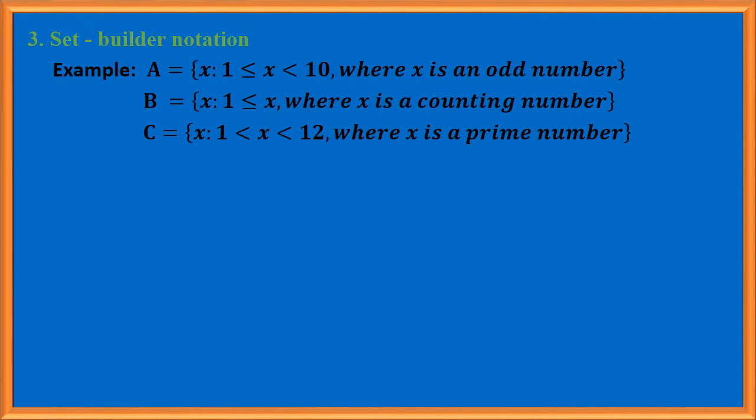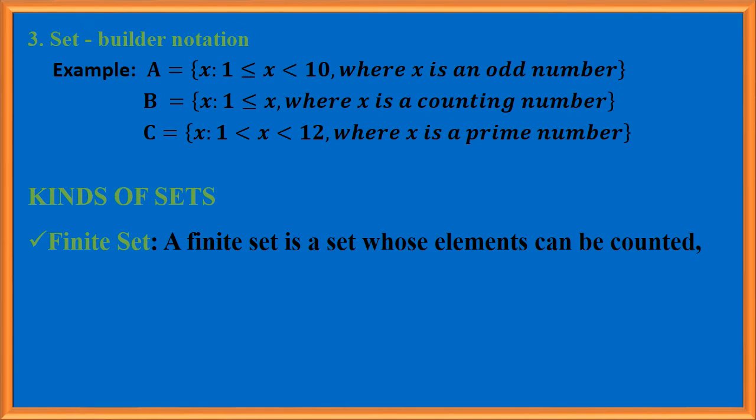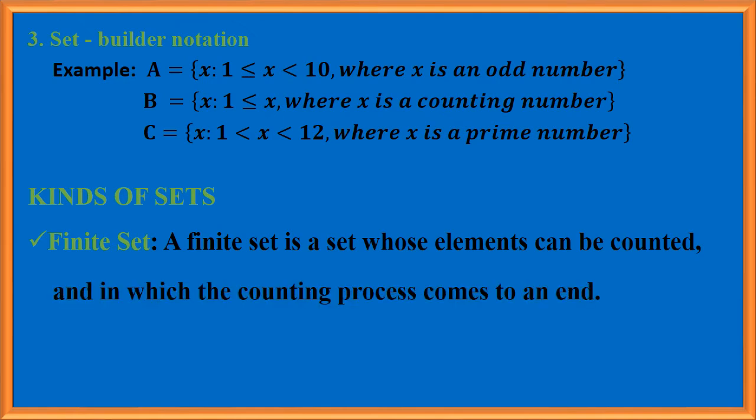Then we are now going to look at kinds of sets, and we are starting with the finite set. A finite set is a set whose elements can be counted, and in this, the counting process comes to an end. That is, the last element of this particular set is known.